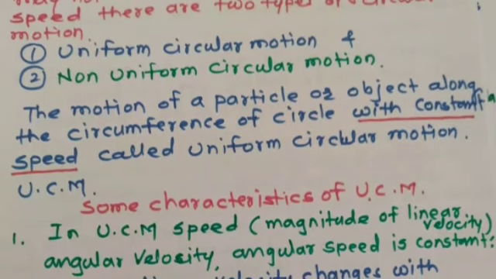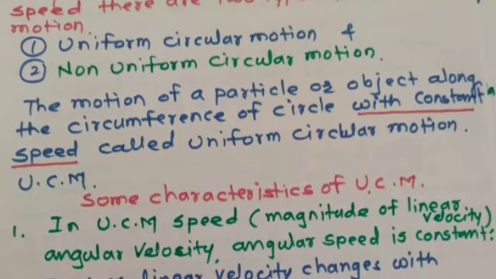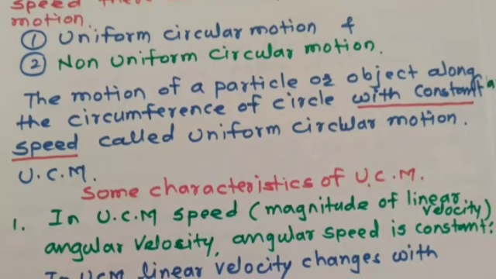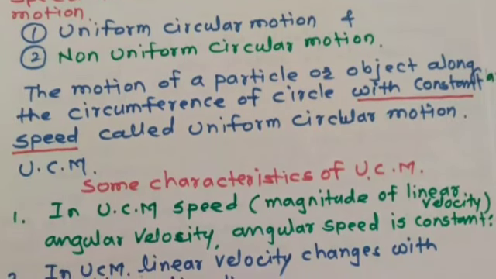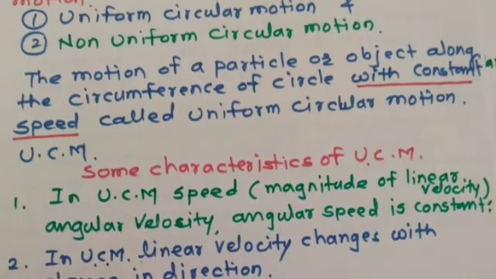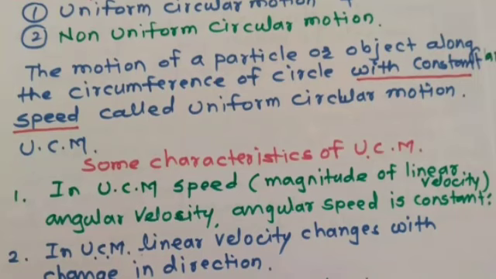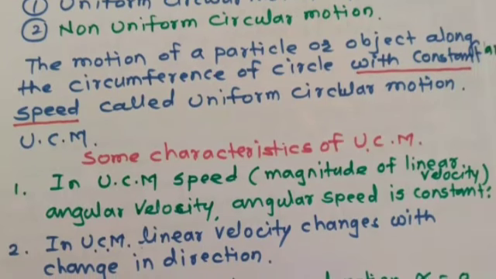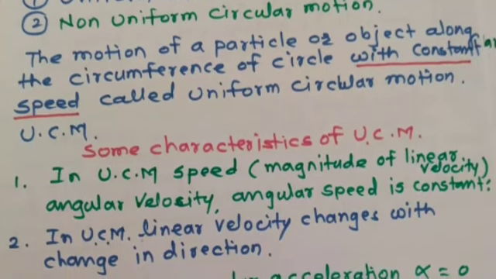First of all, we see uniform circular motion. The motion of a particle or object along the circumference of a circle with constant speed is called uniform circular motion.